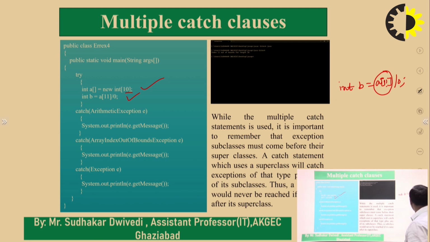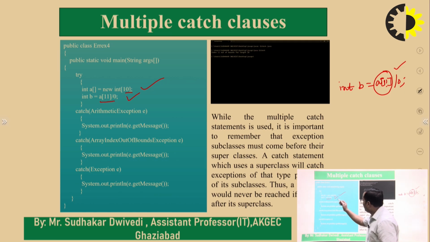Another one is, we are trying to divide by 0. That means division by 0, again an exceptional circumstance. We cannot divide any number by 0. So what will happen here? First of all, at the very first, we are trying to access A11 that is out of the bounds of the array.